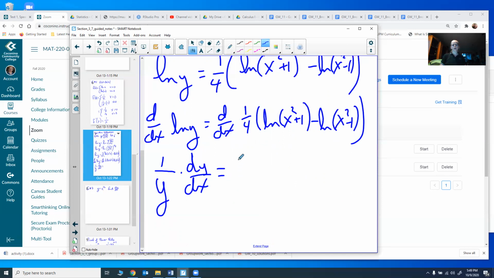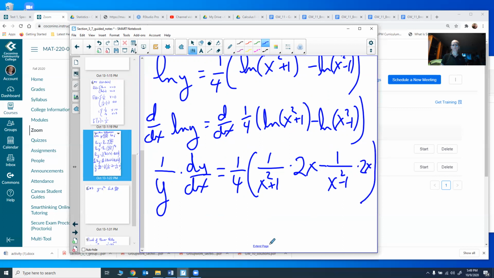The derivative of the other side, we've got this 1/4. The derivative of natural log of x squared plus 1 is 1 over the something, x squared plus 1, times the derivative of the inside of the something, which is 2x, minus, again, the derivative of natural log of x squared minus 1 would be 1 over x squared minus 1, times the derivative of the inside, which is 2x again.